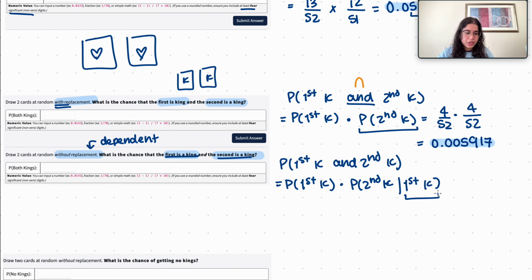Because given that I chose a king in my first draw, my total number of cards is less now, so therefore my probability of choosing another king will be different because there will be fewer kings and fewer cards in our total deck of cards. So that's how you know that for without replacement, these are dependent events that are occurring. So therefore, my second probability statement will be different because my second event depends on the first event, which was drawing a king.